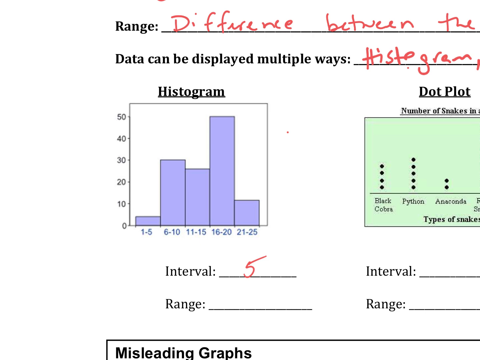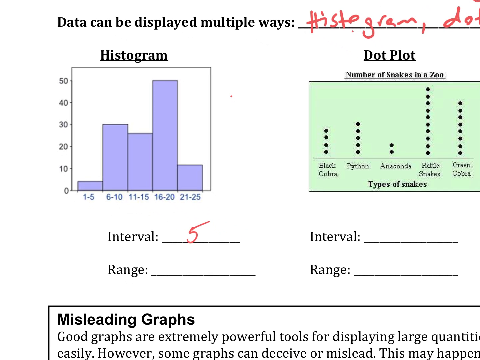and then so on. Now, figuring out the range is a little bit more difficult because we don't know the exact data. All these bars tell us is that, for example, here, this looks to be about 4, right? There were 4 pieces of information that fell between 1 and 5.